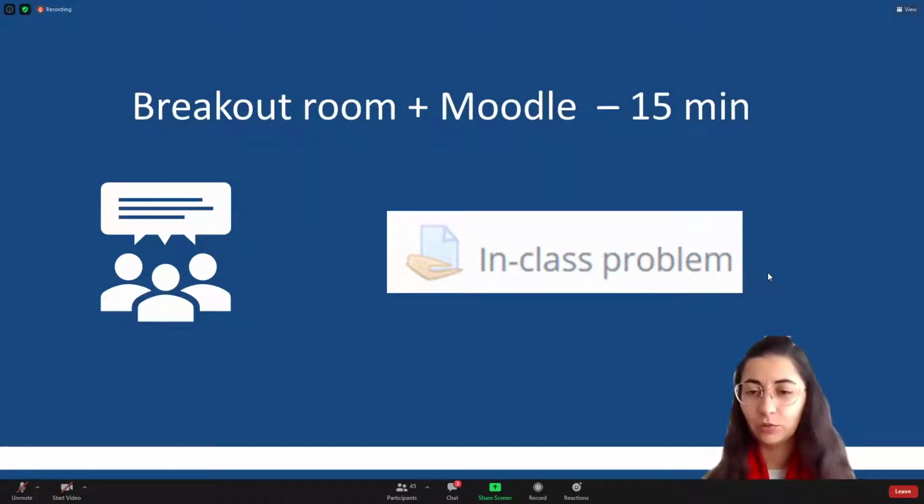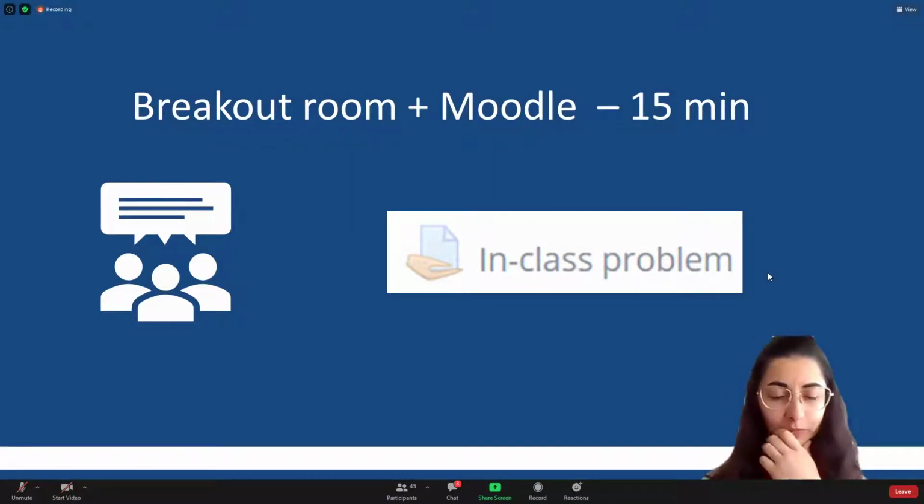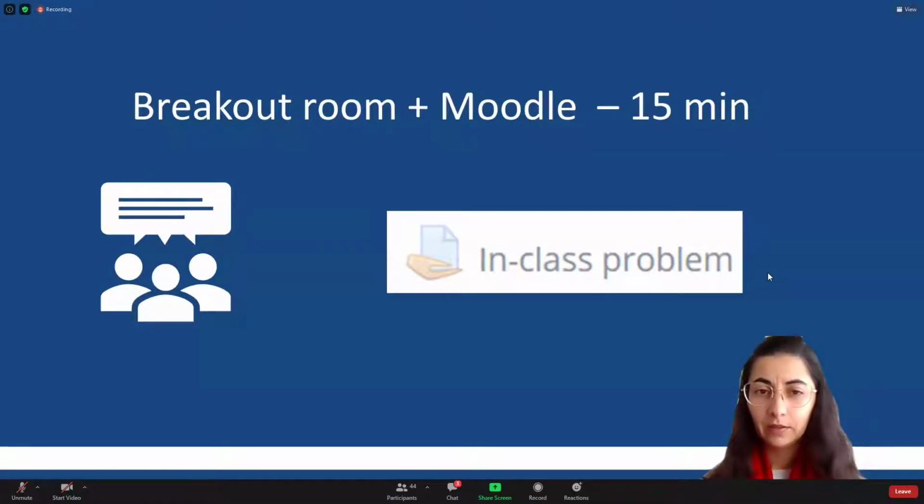So let me try to create the breakout rooms. Okay, I'm creating the breakout rooms. So you will be assigned to a room, and then you will have to work.